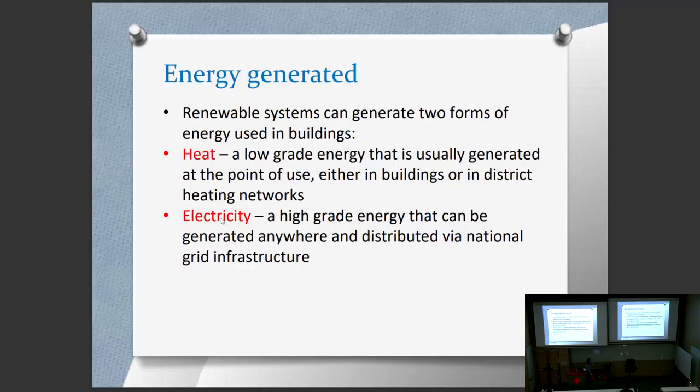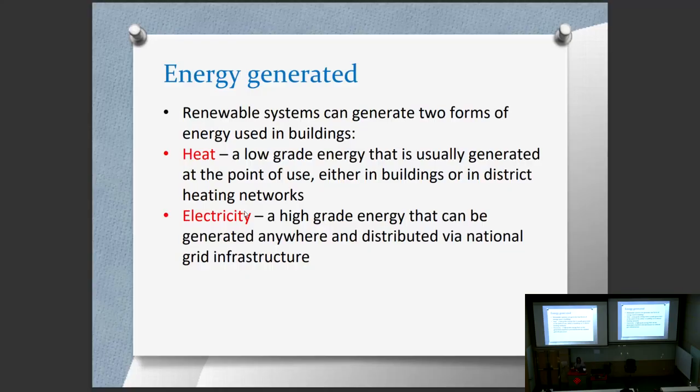Another kind of energy that can be generated by renewable system would be electricity. And electricity is a kind of high-grade energy that can be generated anywhere and distributed through the national grid infrastructure. High-grade because it can be transmitted to other location.